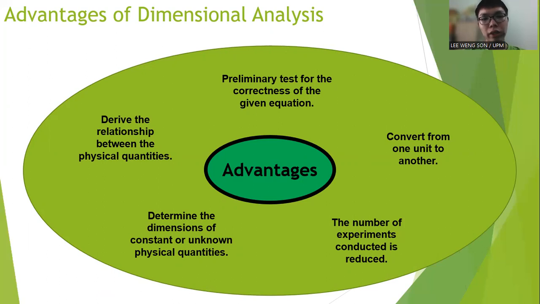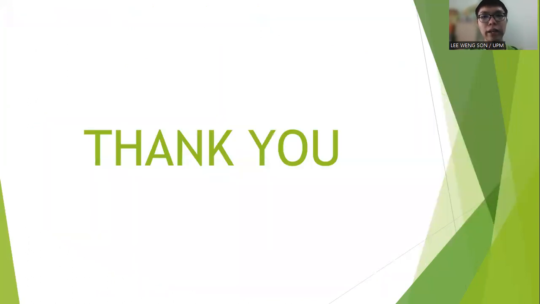There are about five advantages of dimension analysis: a preliminary test for the correctness of given equations, converting from one unit to another, and it helps reduce the number of experimental methods. Furthermore, it also helps to derive the relationship between physical quantities and determine the dimensions of constants or unknown physical quantities.